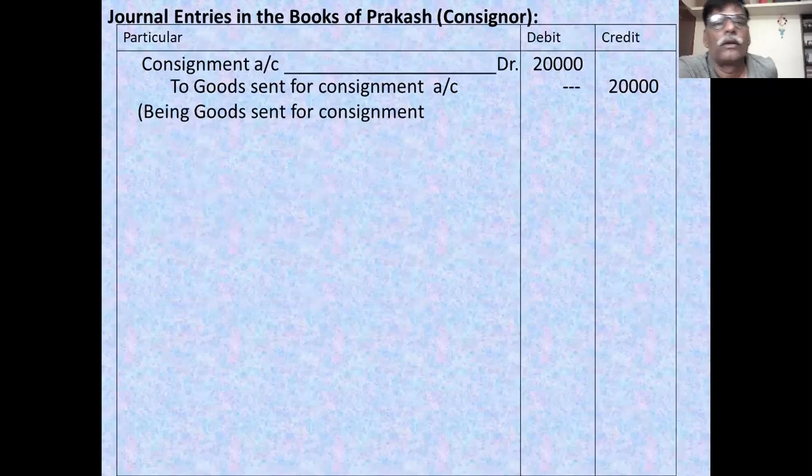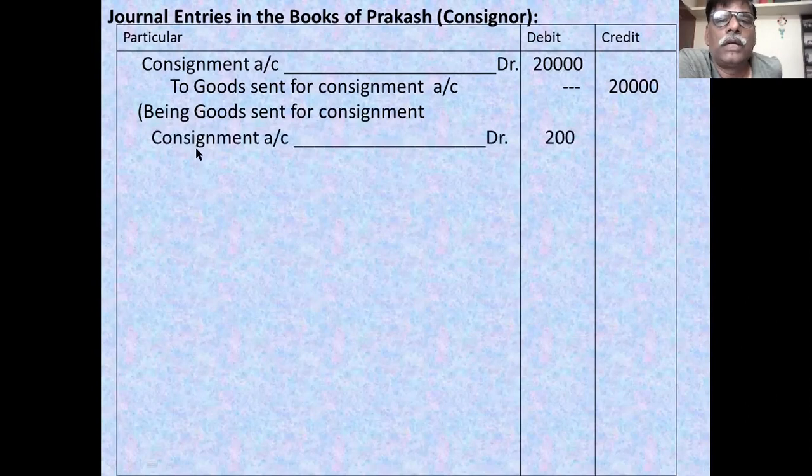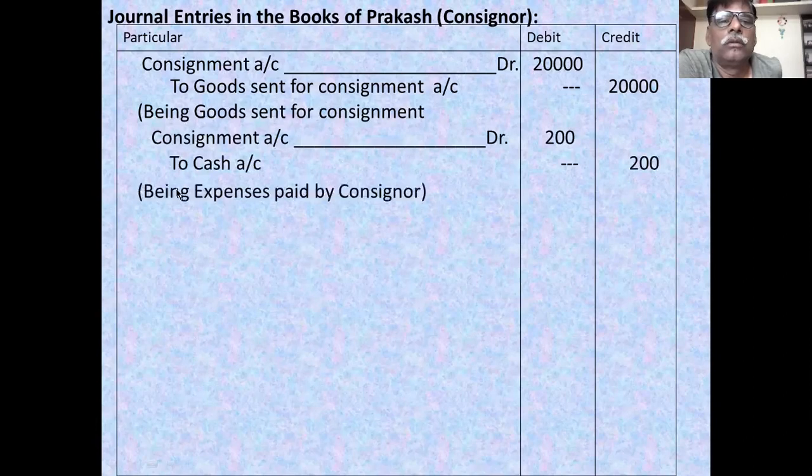Okay. First entry. Second entry is for expenses paid by consignor. Consignment account debit 200 to cash account 200. Being expense paid by consignor. Okay.